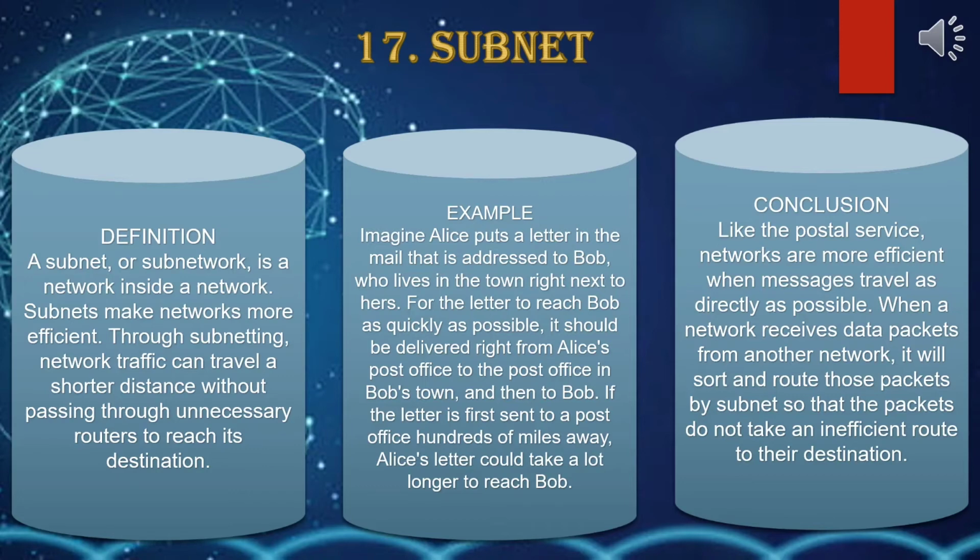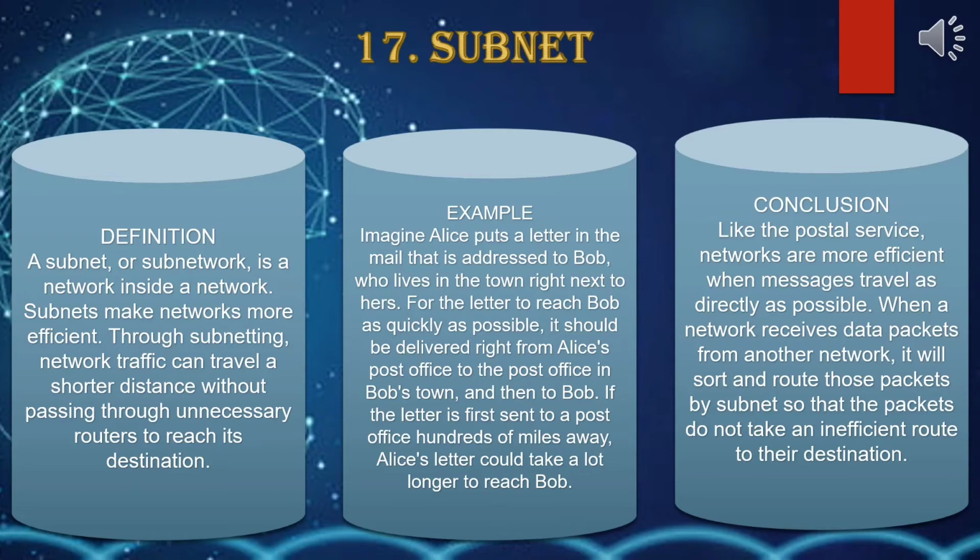For example, Alice puts a letter in the mail that is addressed to Bob, who lives in the town right next to her. For the letter to reach Bob as quickly as possible, it should be delivered right from Alice's post office to the post office in Bob's town, and then to Bob. If the letter is first sent to a post office hundreds of miles away, Alice's letter could take a lot longer to reach Bob.